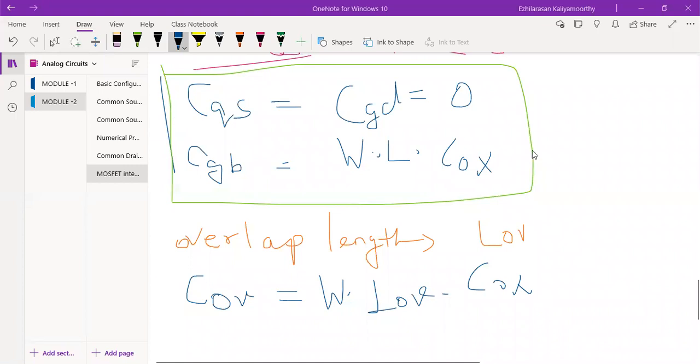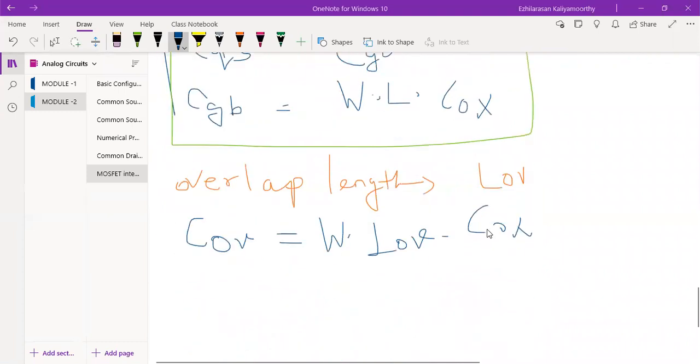So the overlap capacitance can be calculated as W into LOV into COX.